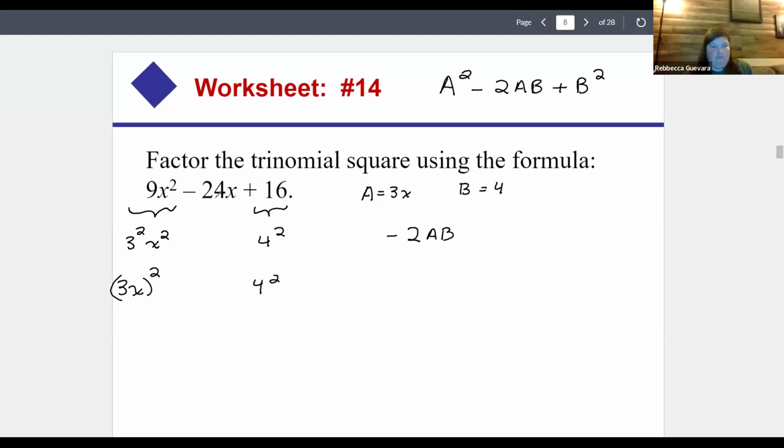So let's start working on that. We got negative 24. Well, I can take out the 2, and then I'm left with 12x. I could divide by 4, and I have negative 2, and I'd be left with 3x and 4. So we have 2ab. Okay, so it is of the correct form.